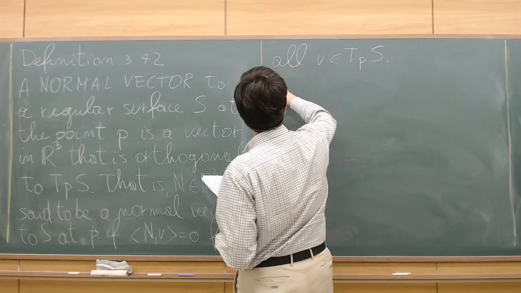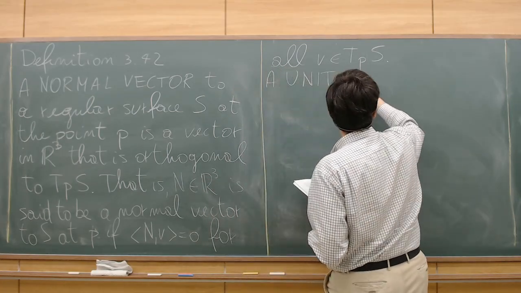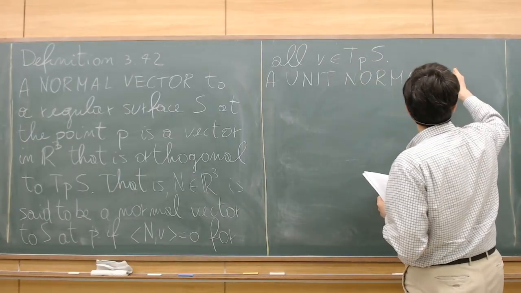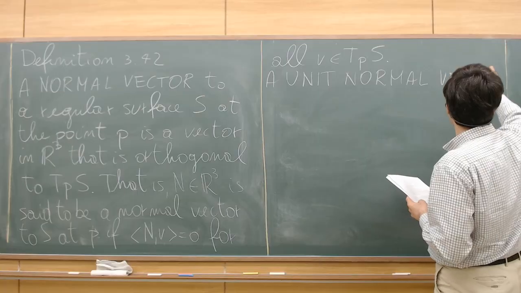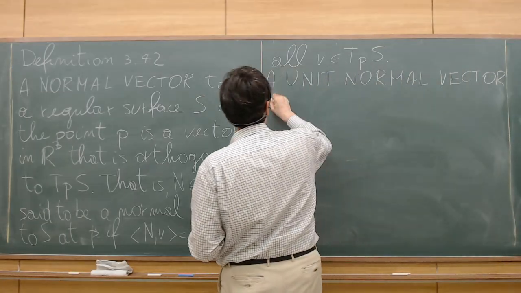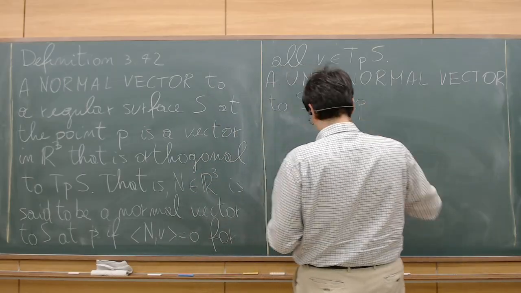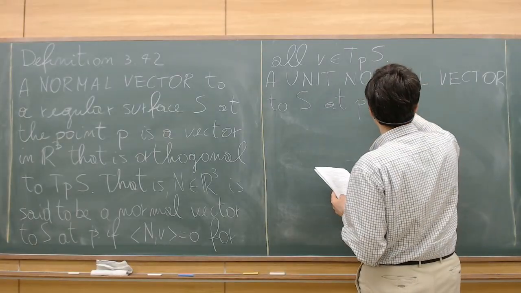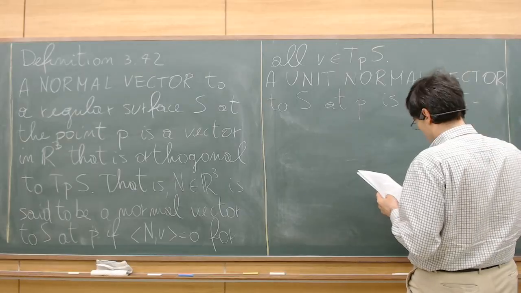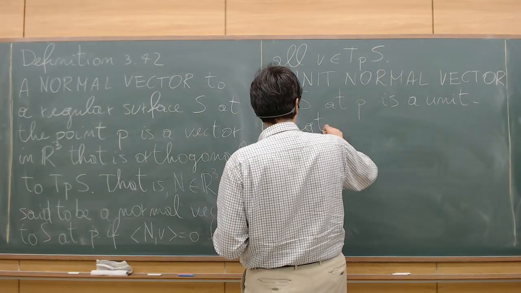Instead, a unit normal vector to S at P is a unit length normal vector.